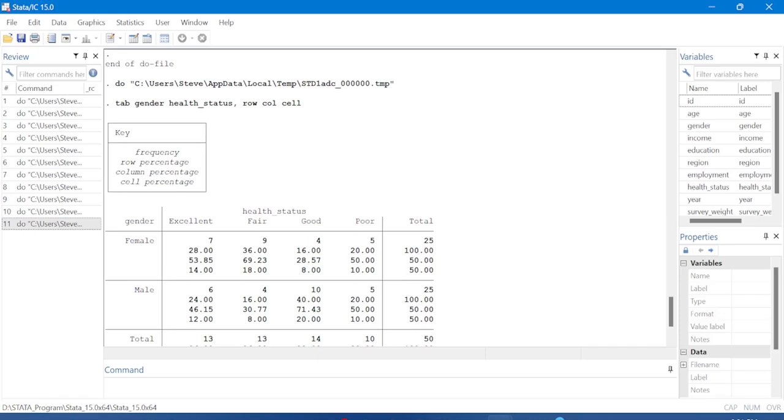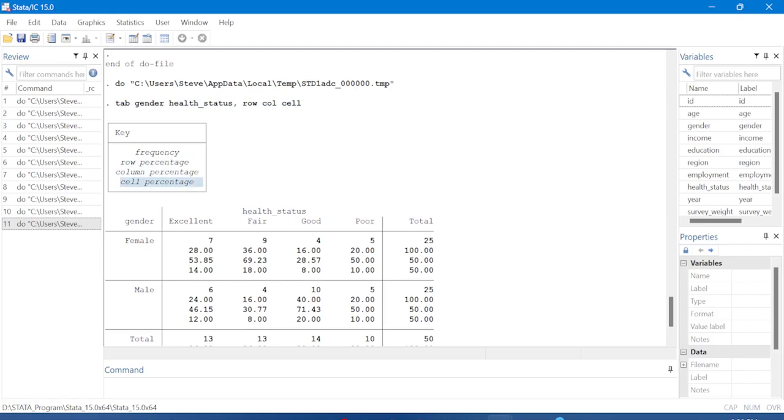In fact, you can use tab1, tab2, or just tab gender health status, and you issue extra options like row, col, and cell. So row stands for row percentage, col stands for column percentage, and cell stands for cell percentage.